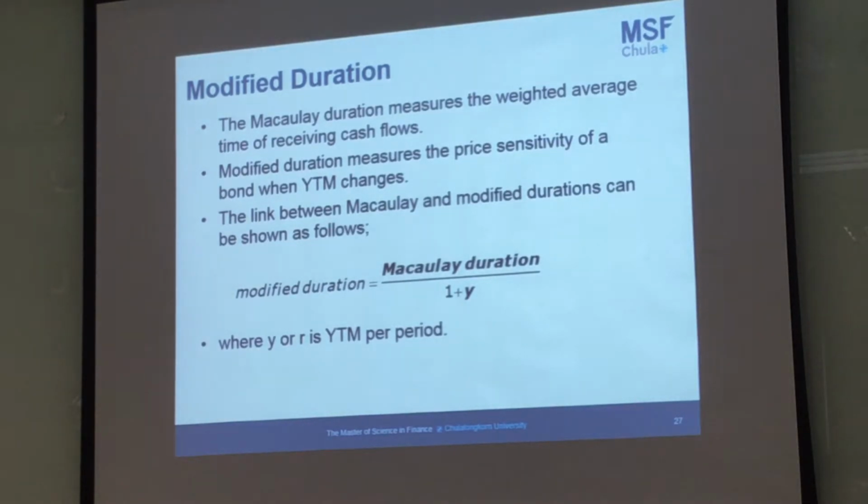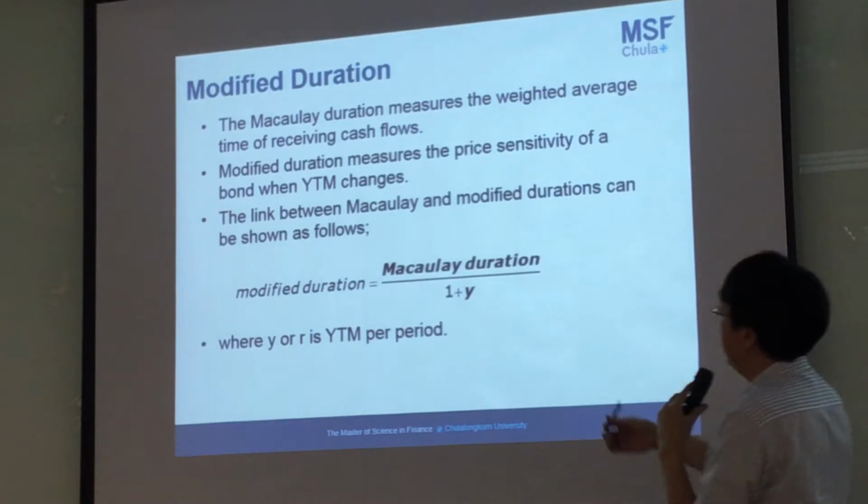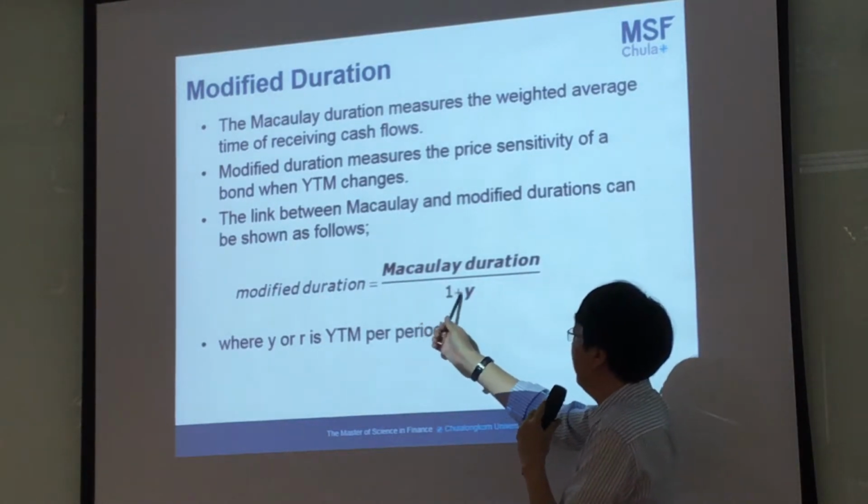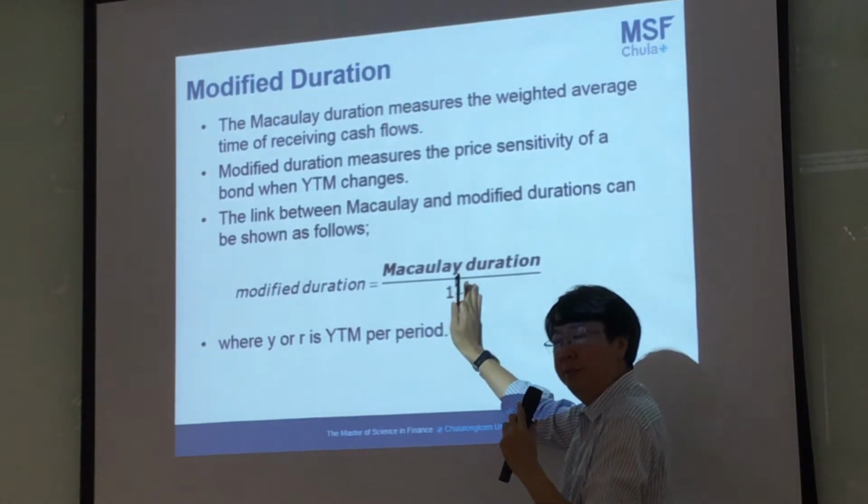Okay, now we move on to the modified duration. This is the one that we will use in order to estimate the bond price volatility. As you can see from this slide, modified duration is equal to Macaulay duration divided by 1 plus y.